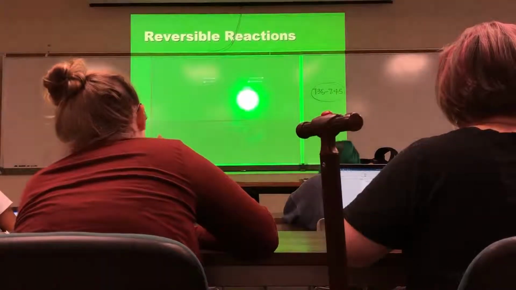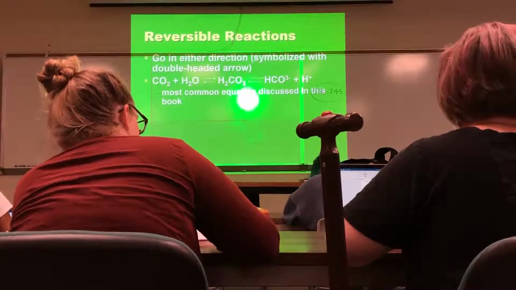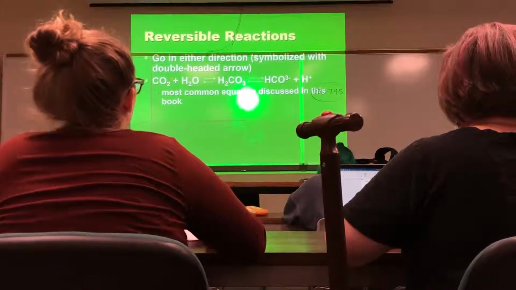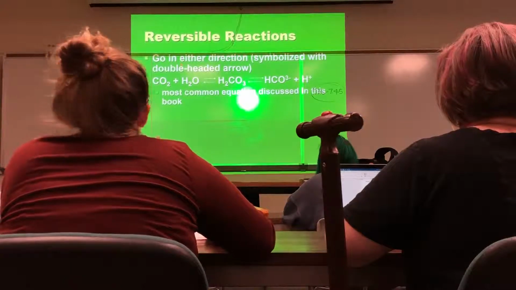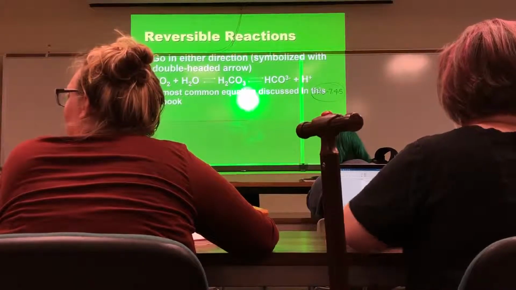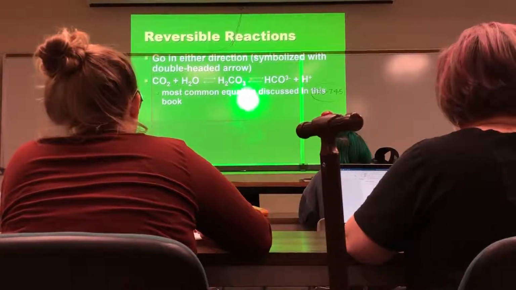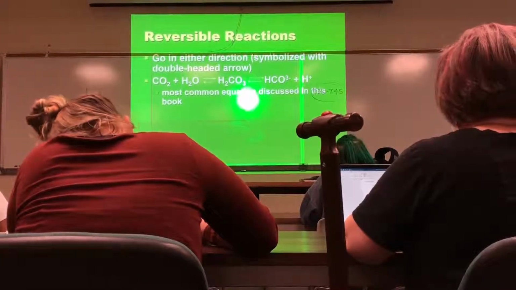Okay, and then we have reversible reactions, and it says up here that this is the most common equation. I mean, do you have to study that or write that down? Heck no. Do you even have to recognize it? No, don't study that. But what I want you to recognize are the arrows. The arrows mean that this reaction can go in either direction.